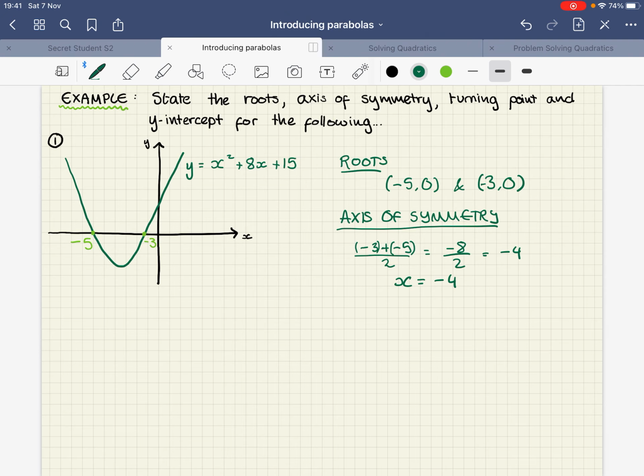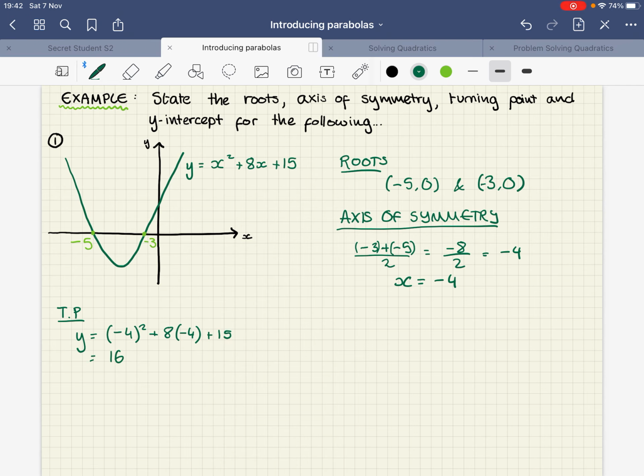Then my turning point, I'm just going to write TP for that. My turning point, I've got to take that x equals -4, and then I'm going to substitute it into the equation it is given us here to find y. So I'm going to have y equals (-4) squared plus 8 times -4 plus 15.